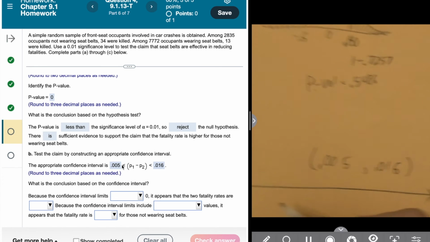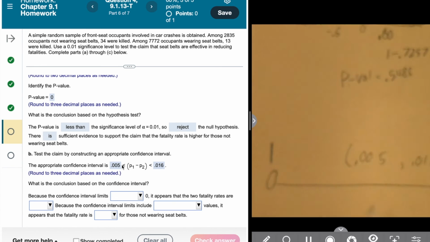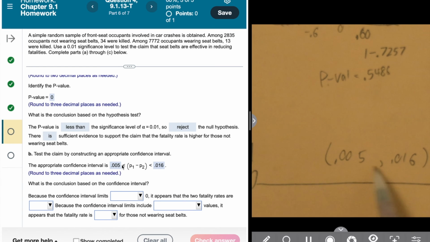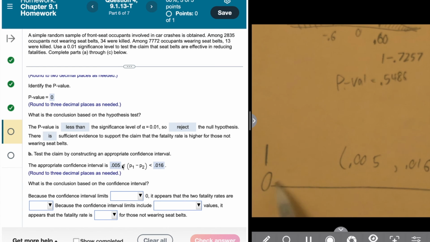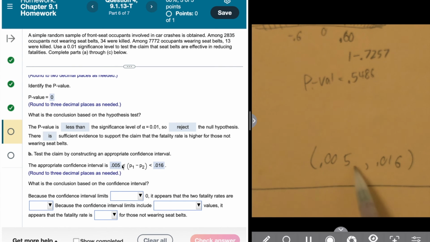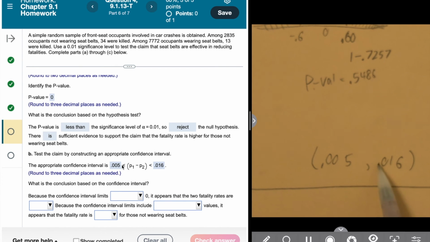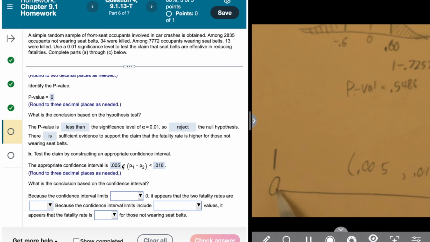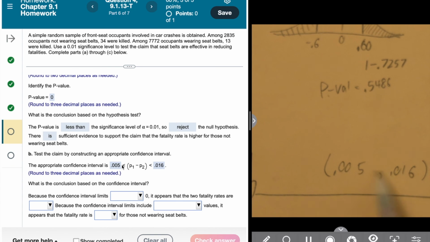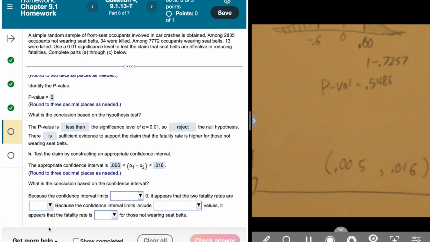So there's 0, and here's my confidence interval way to the right of it. In other words, 0 is not contained in my interval. What this is saying is that your confidence interval is clearly on one side of 0. There is a clear difference between these two proportions. Because my confidence interval does not include 0, it appears that the two fatality rates are not equal.